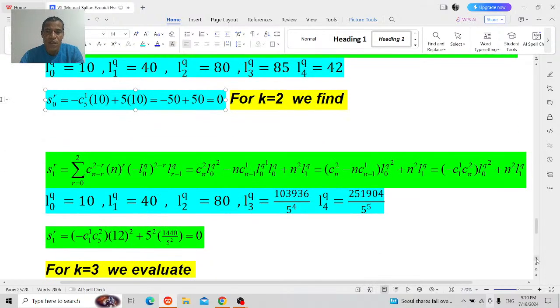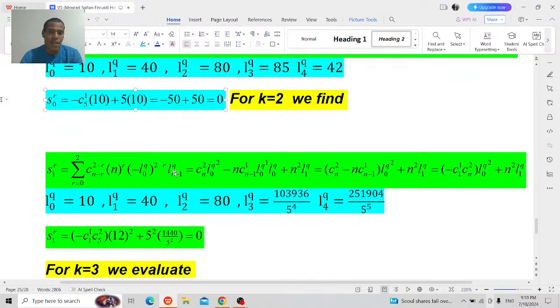Now we are going to find the value of s1. To find s1, learners, just put in the discriminant formula of mine k equal to 2. Means s1 of order r equals the sum from 0 to 2 of combination n minus r choose 2 minus r, n raised to the power r between parentheses negative l0 of the q raised to the power 2 minus r multiplied by l r minus 1 of the q.